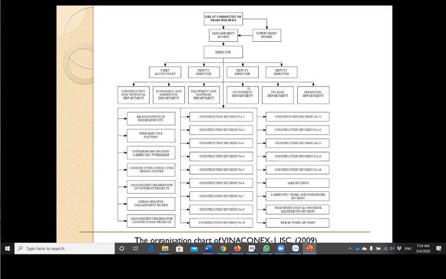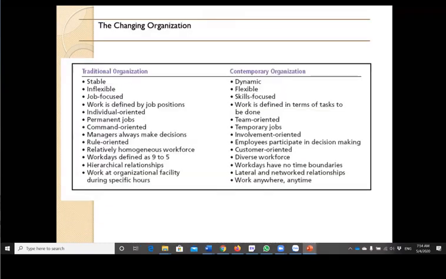So in organizations like this, this deputy director can give orders to all of those here, and this violates the unity of command, the rule of unity of command we just mentioned before, right?